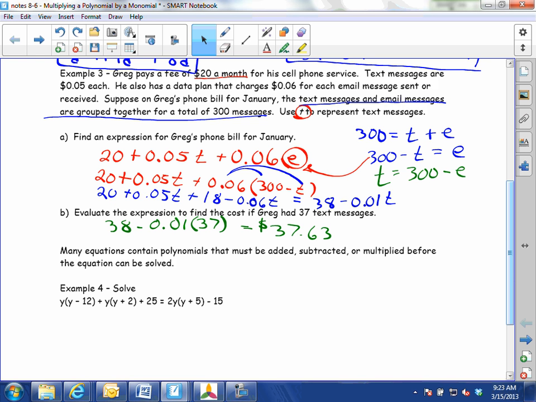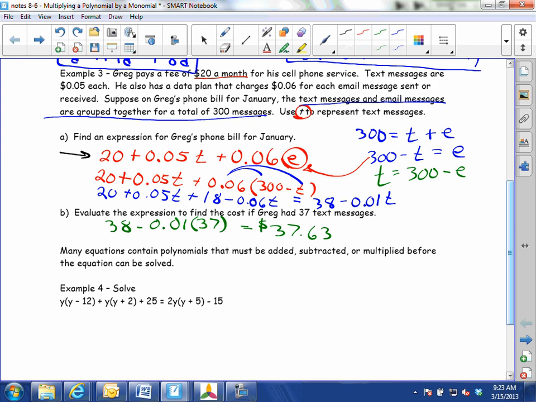Does that go to the second line, 20 plus 0.05T plus 0.06E? Okay. You can put in your T there. What else could we do? I would maybe find how many email messages that would be, and then plug those back in up here and see if we get the same answer.